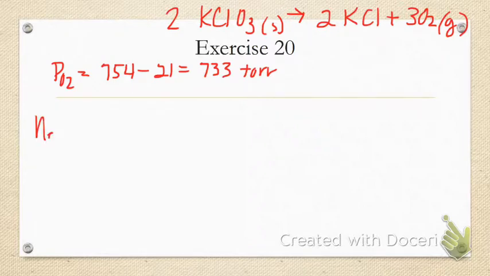So I'm going to say nO2, and of course that's going to be PV over RT. So for my P, I'm going to go ahead and just do my conversion right there in the problem to show that I know that 760 torr is 1 atmosphere. So I'm going to go ahead and do that there.